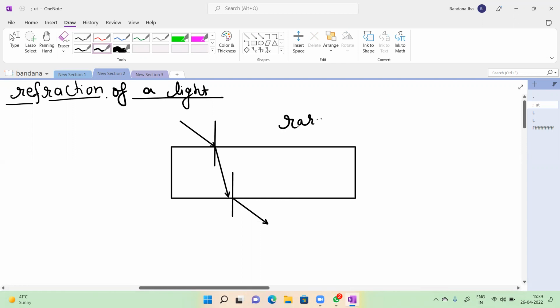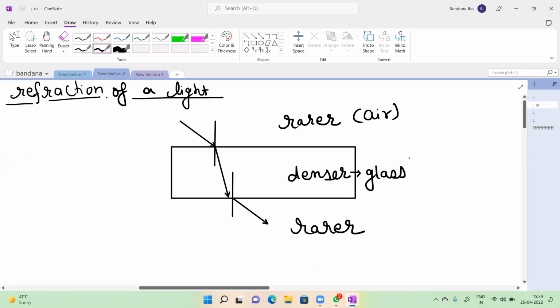Rarer medium, denser medium, again rarer medium. What does it mean? Now come to the chemistry part. According to the molecules, air has less intermolecular force of attraction as compared to glass.